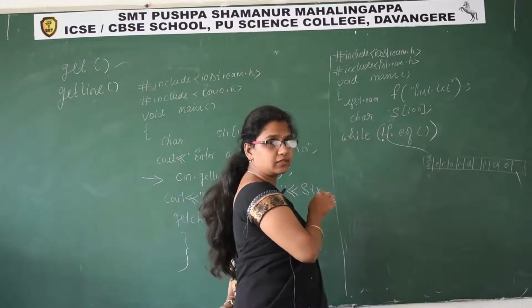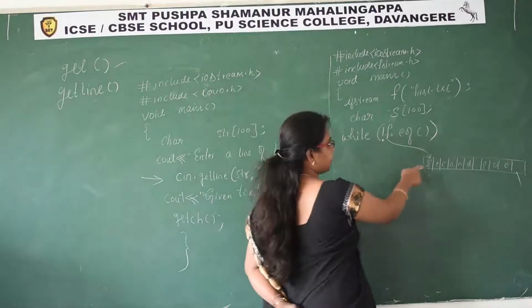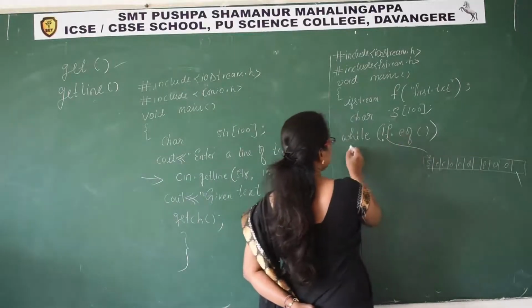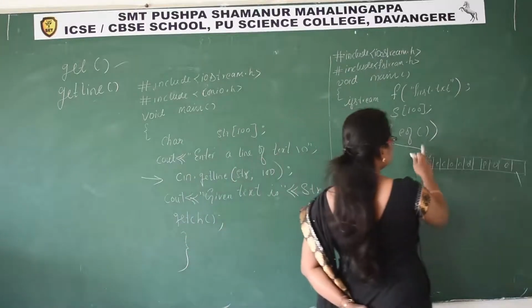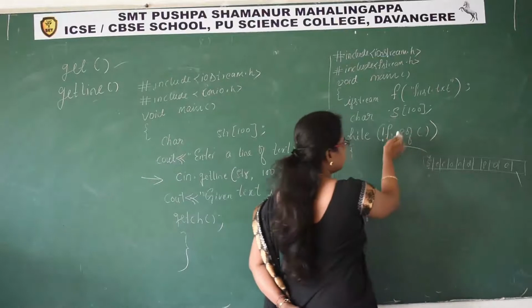If that function returns 1, yes, it is the end of file. Not 1 means 0, then it won't enter the loop. If it returns 0, not 0 means 1, it enters.